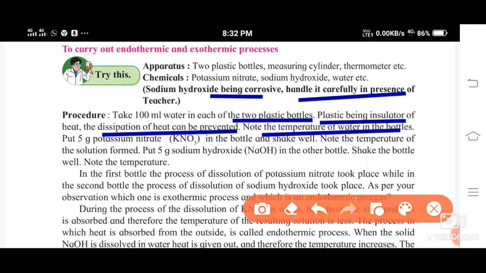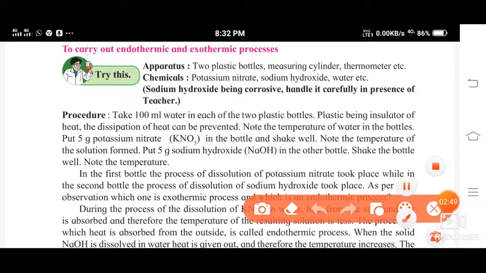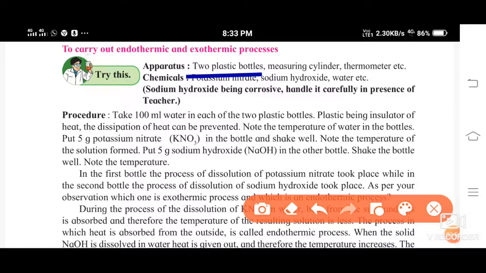Now put 5 grams of potassium nitrate, KNO3, in the bottle and shake well. So first you take two plastic bottles, then take 100 ml of water in each bottle, and note the temperature of the water.